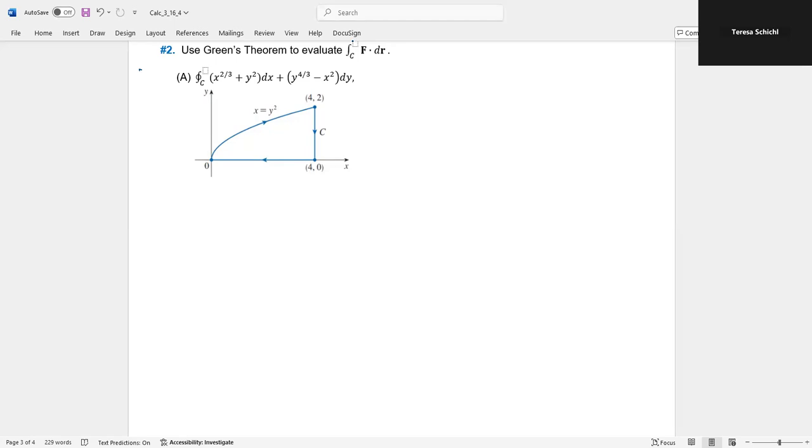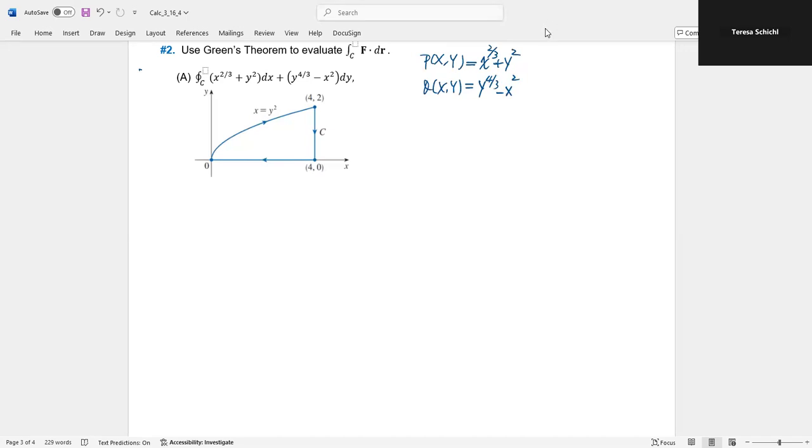All right, so the first thing is, we know this is my P(x,y), so let's always write that. P(x,y) is x to the 2/3 plus y squared, and Q(x,y) is equal to y to the 4/3 minus x squared.